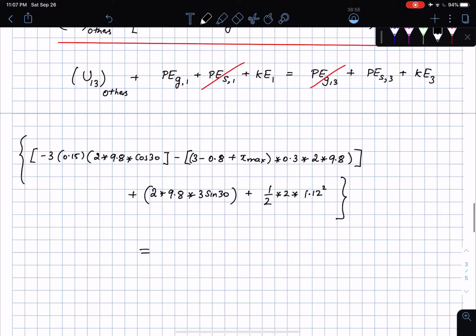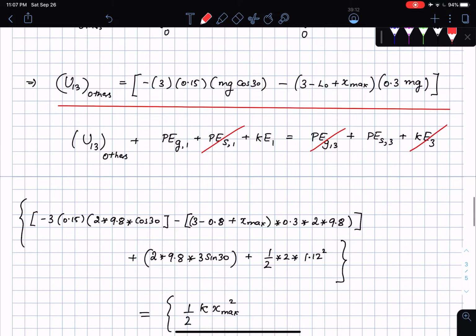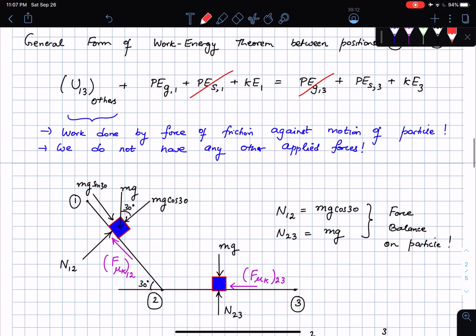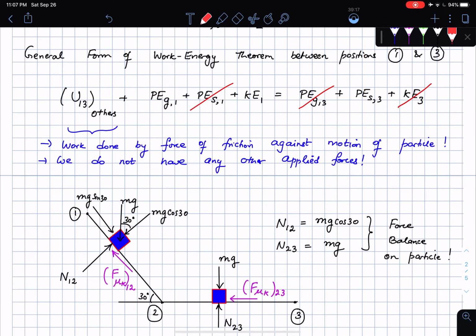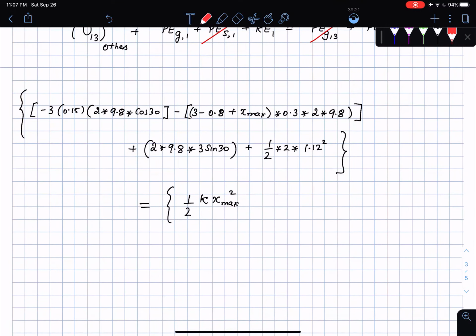This is equal to stuff on the other side. That's going to be potential energy due to the spring, which is half times k times x max squared, and kinetic energy can also be knocked out here, which I did not. I thought I had it done there. So let me also go back and do it here. So this kinetic energy is also gone, because it's 0. And that's about the only thing I have on this side here.